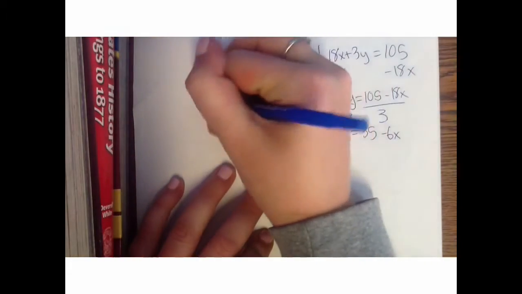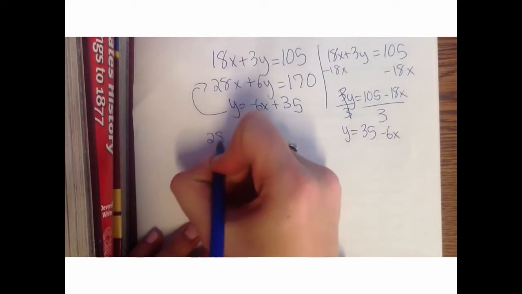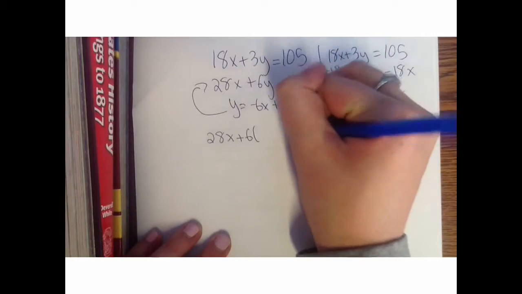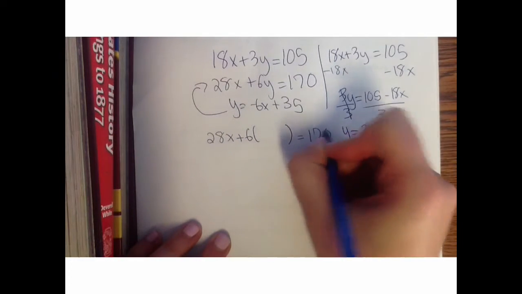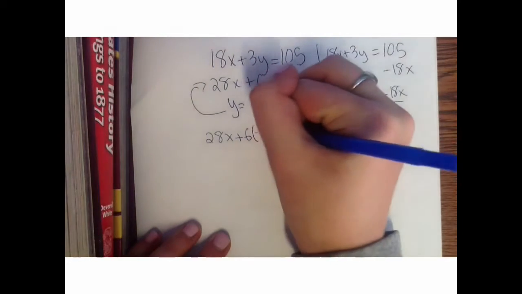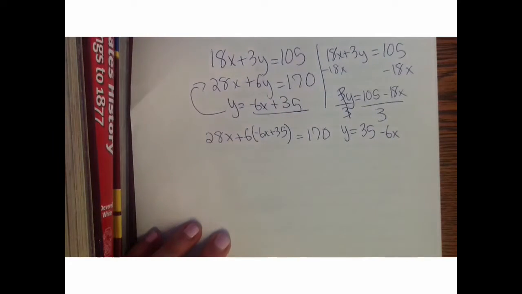Now what I'm going to do is substitute it in for y in my second equation. 28x plus 6, I'm going to make a huge pocket, equals 170. In my pocket goes negative 6x plus 35. Boom. Now I have the same variable. I can solve this out.